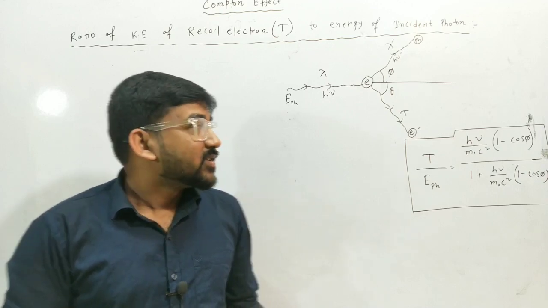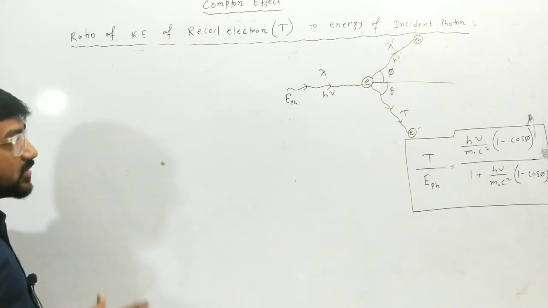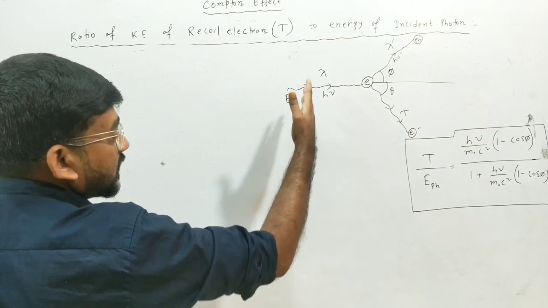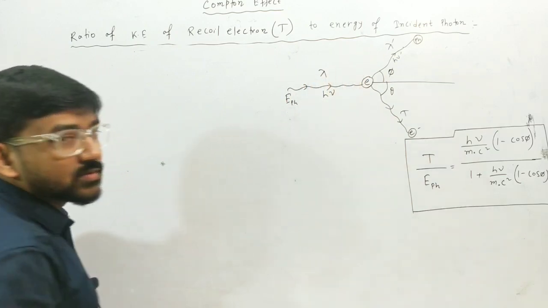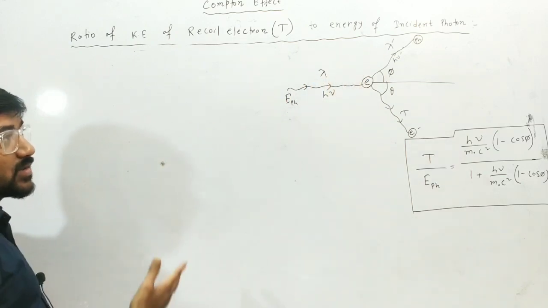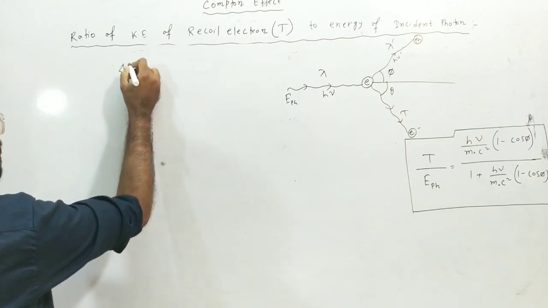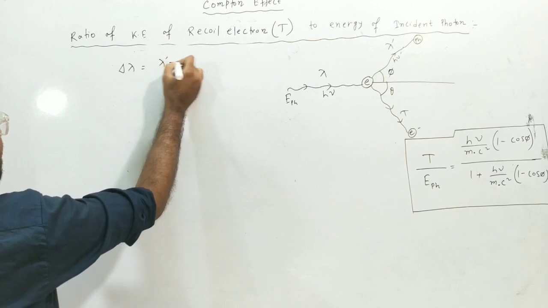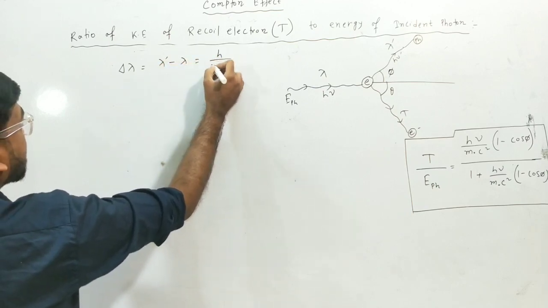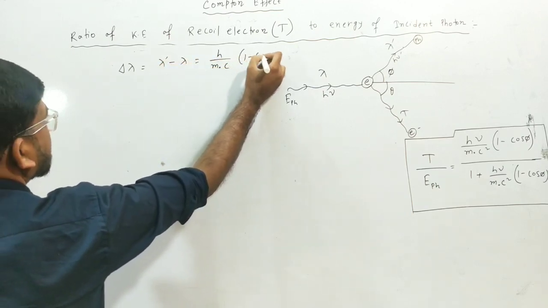Now let me tell you about the relation between lambda and lambda dash, because we discussed the Compton wavelength shift in the last class. That is delta lambda, which is lambda dash minus lambda, equal to h upon m0c into 1 minus cos phi.